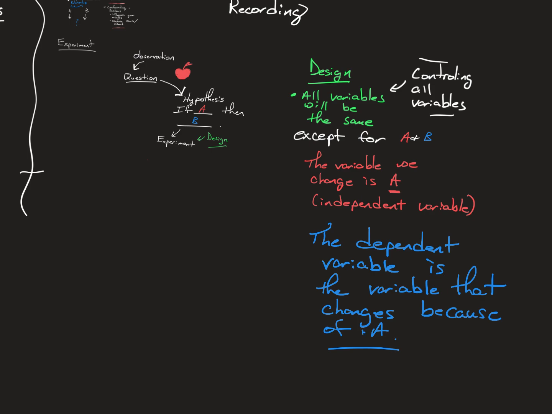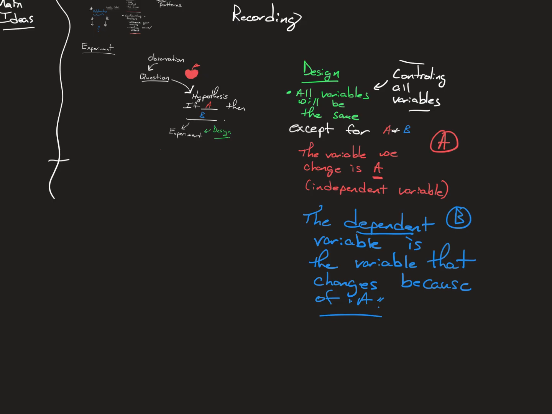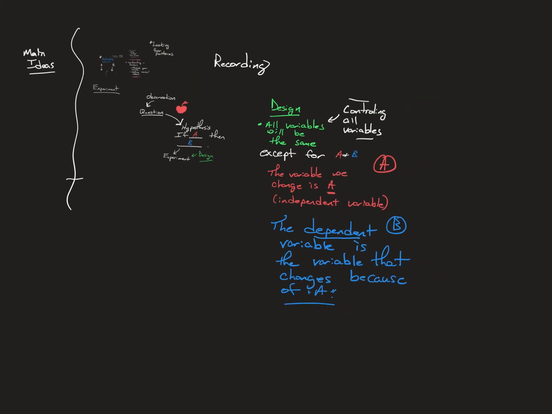B is the variable that changes because of A, the independent variable.